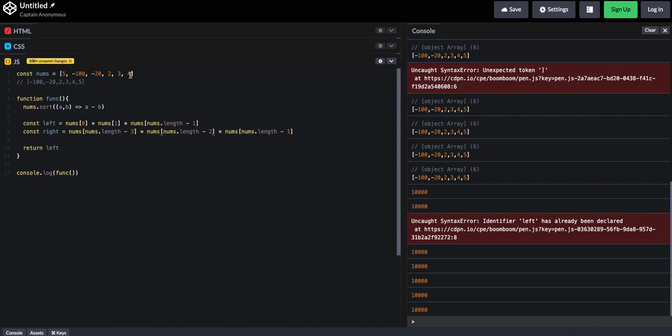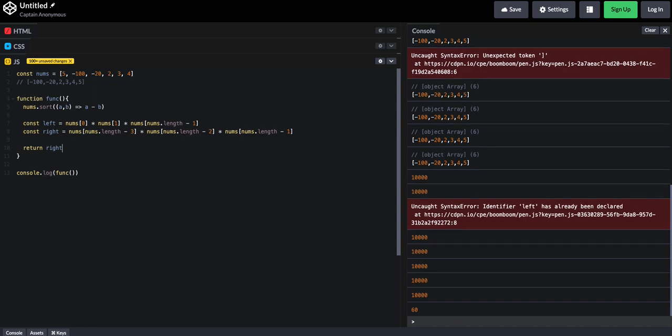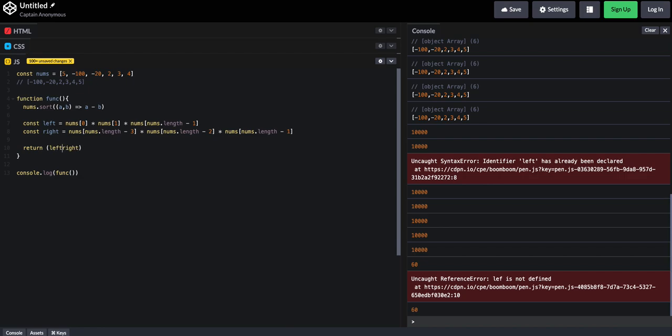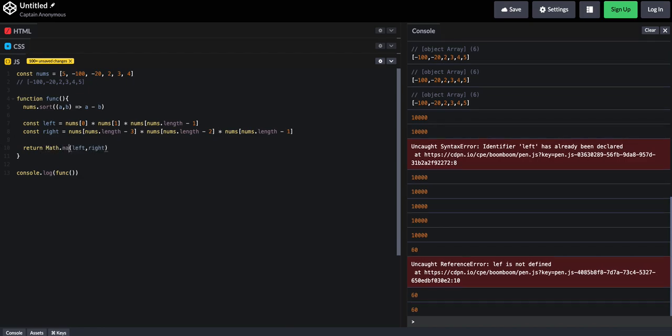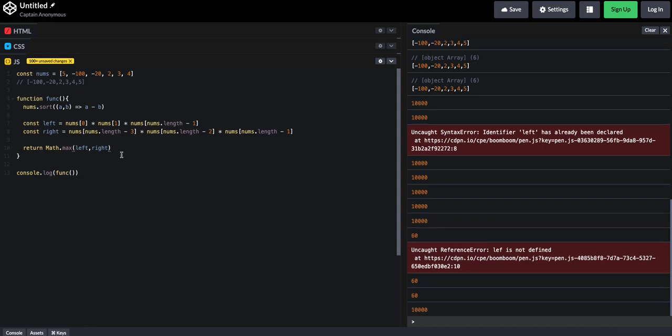Okay, so now we're looking at 5, 4, and 3, so we should get 60. Return right. Cool. Now we can just use the Math.max method to tell which one is greater. Yep, and we get 10,000. And that's all we need.